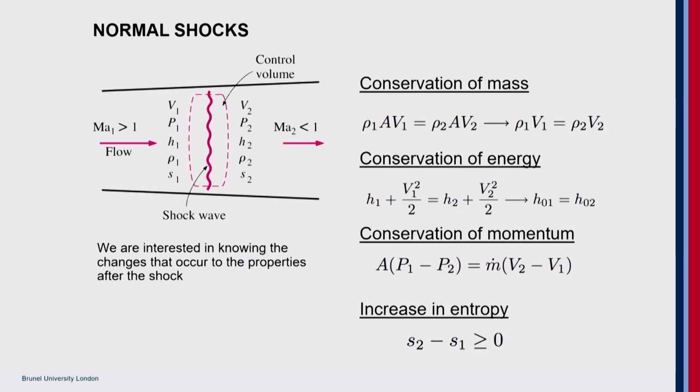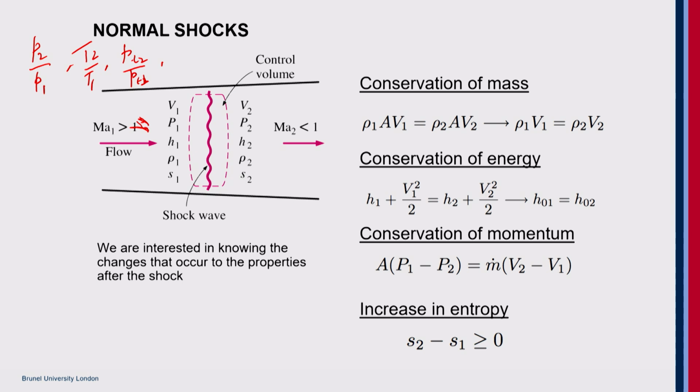If we have to analyze a problem on a normal shock, or in other words, if you want to determine how the properties change, what we are interested in is the change in pressure, P2 by P1, T2 by T1, and how the properties change.